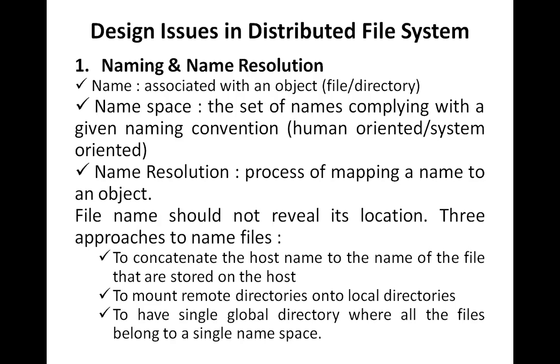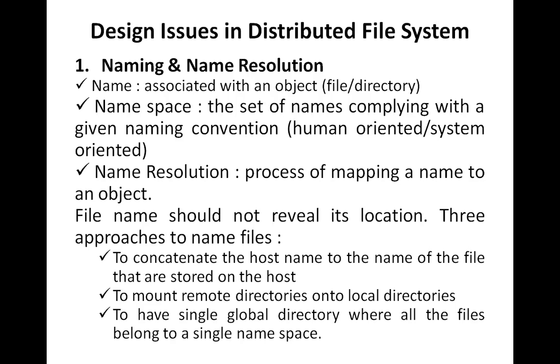Another problem with this approach is that whenever we want to move a file from one host to another host, we have to make changes in the file name as well as in the applications accessing that file.